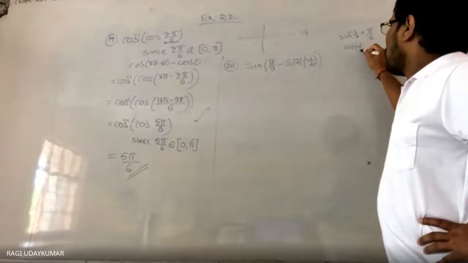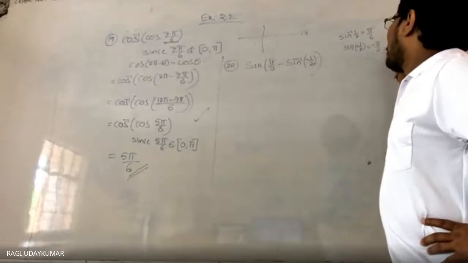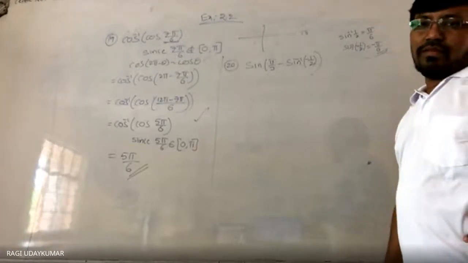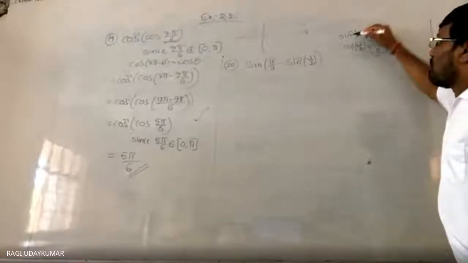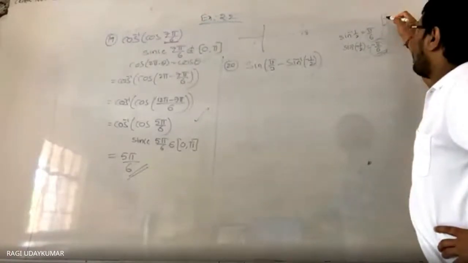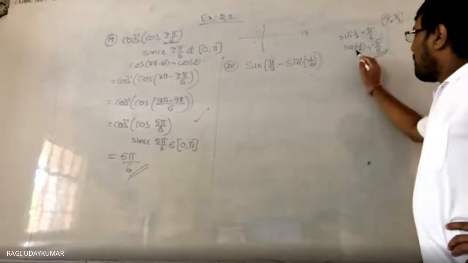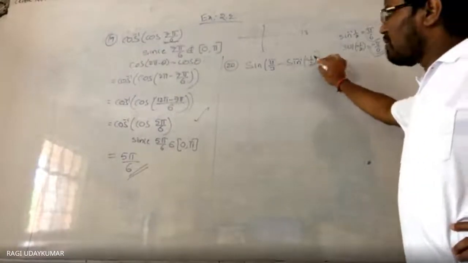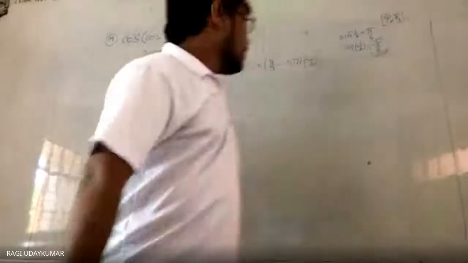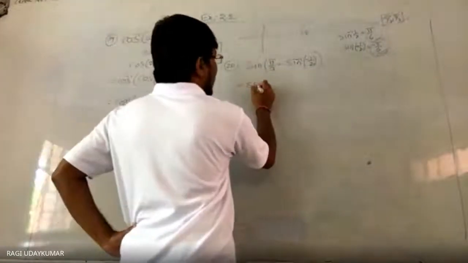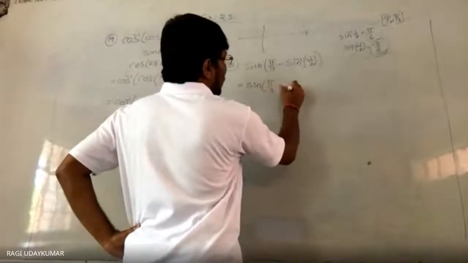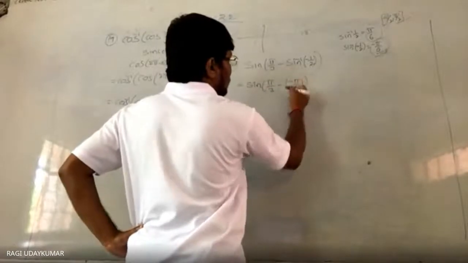Sin inverse of minus 1 by 2 is equal to minus pi by 6, because both of these lie in the interval minus pi by 2 to plus pi by 2. So if you take this value, it will be equal to minus pi by 6. So sin of pi by 3 minus of minus pi by 6.